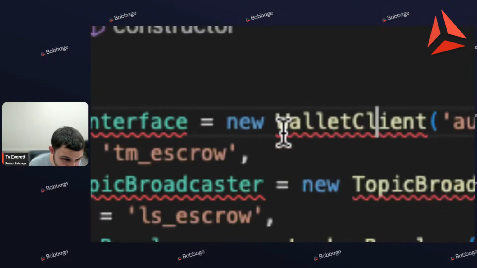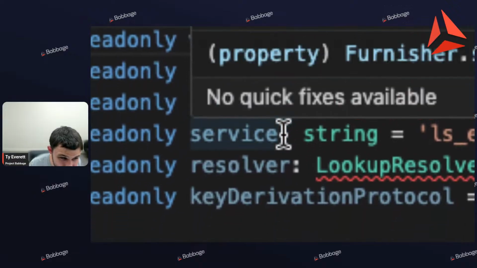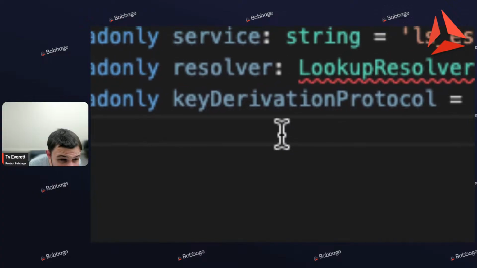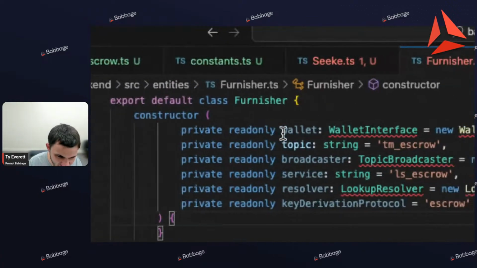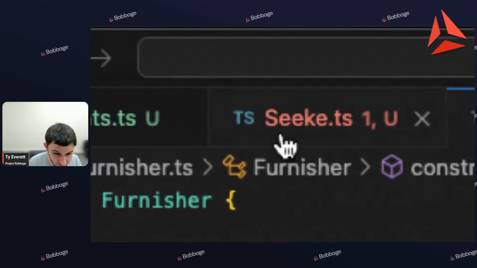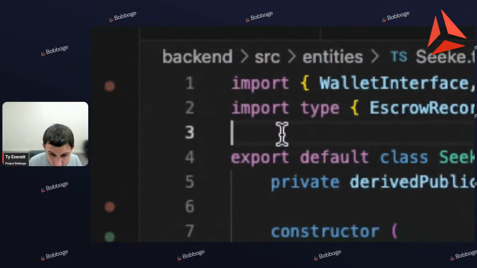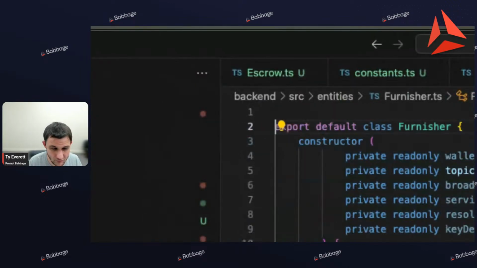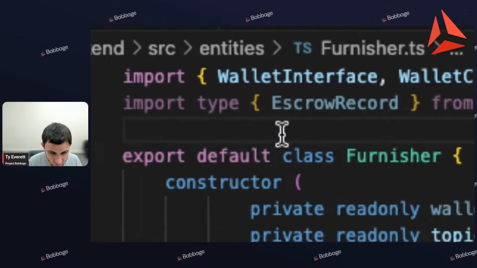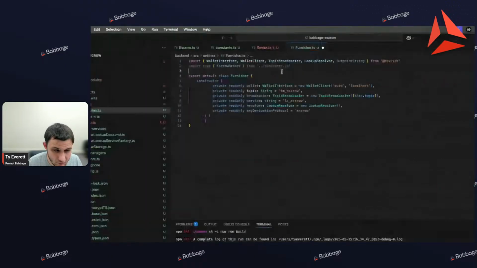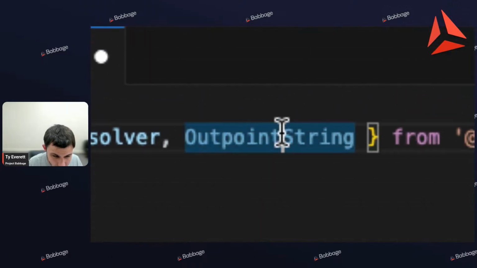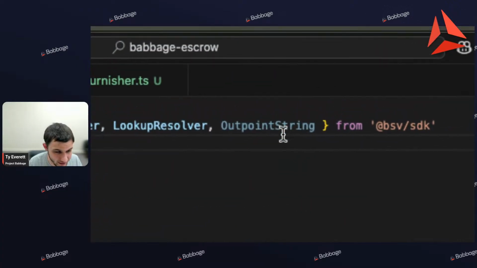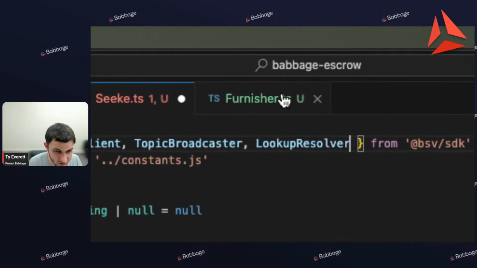They do have a wallet and a few of these things for sure. I don't think we need that there. And I don't think we even need that here. All right.